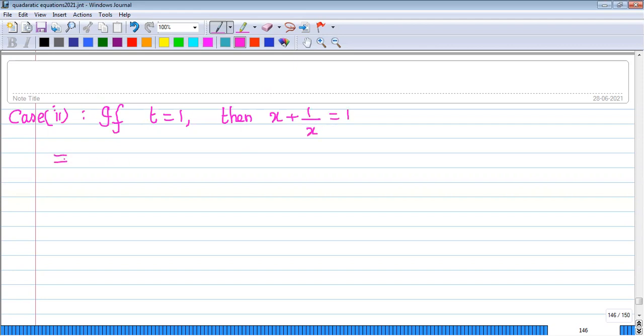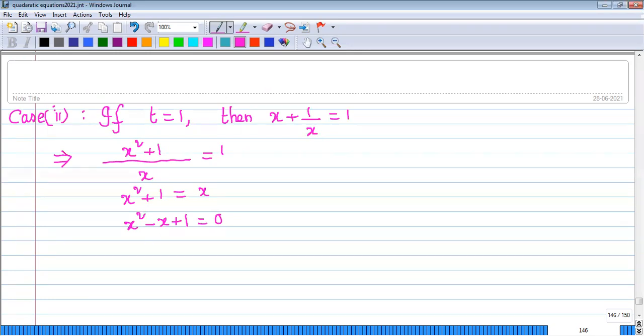So that implies, here x LCM, x square plus 1 equals x. So x square minus x plus 1 equals 0. Now using the factorization method we cannot solve, so the formula method needs to be applied.